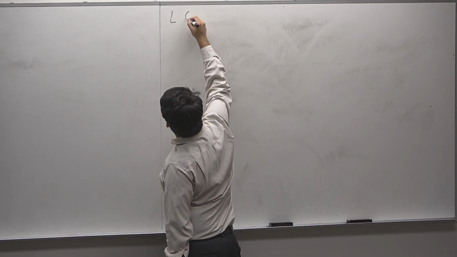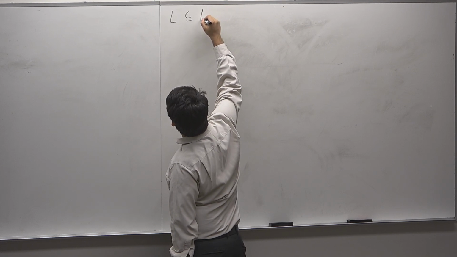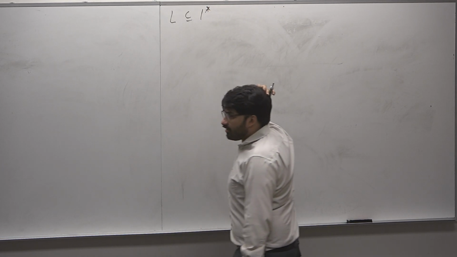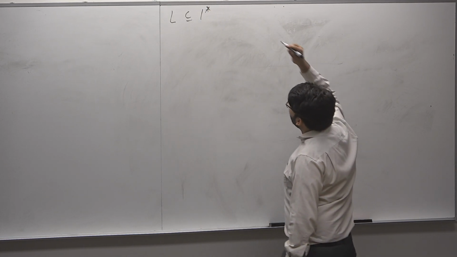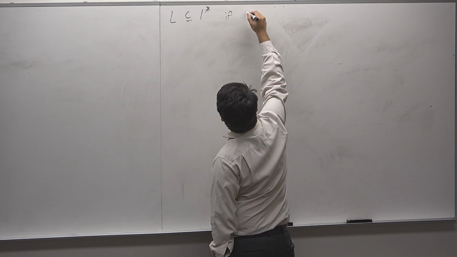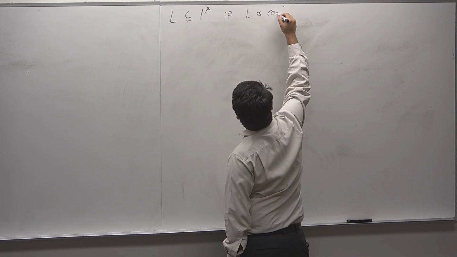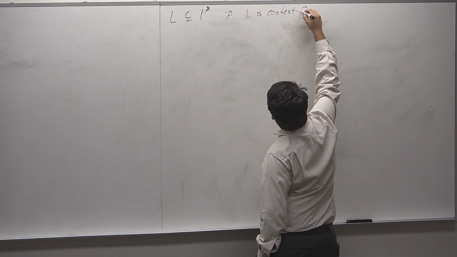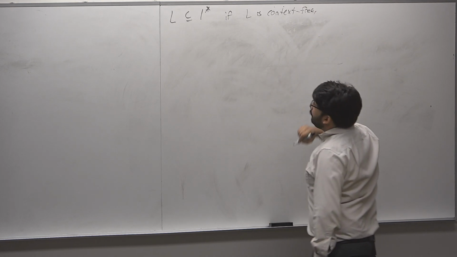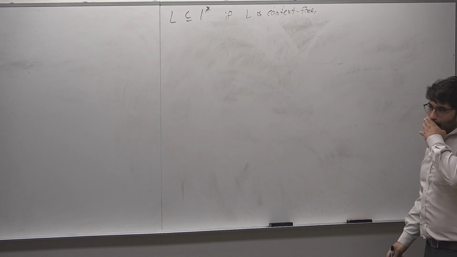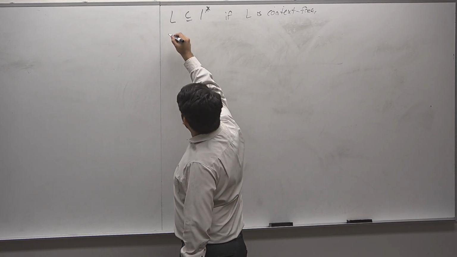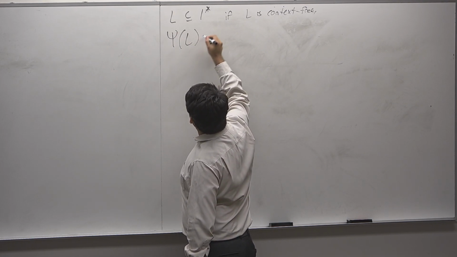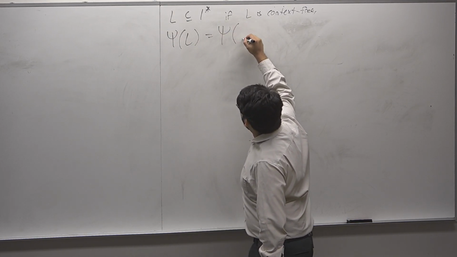Let L be some language which is a subset of one star. So L is a unary language, right? If L is context-free, what do we know by Parikh's theorem? Parikh's theorem, rewinding all these details of the proof, what we really said was that every context-free language was letter equivalent to a regular language.